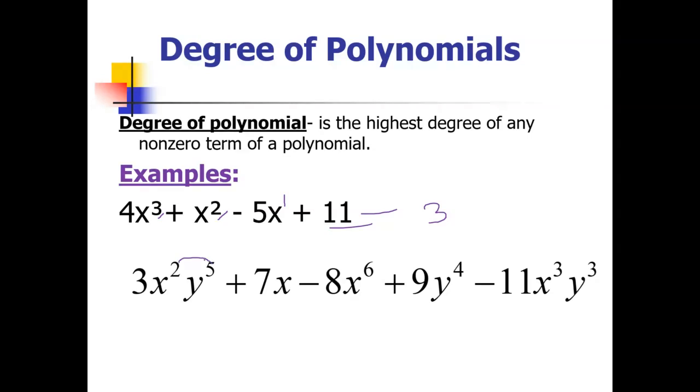In this case, because I have two exponents, this carries a weight of 7. Second term has exponent of 1. Third term has an exponent of 6. Fourth term has an exponent of 4. And the last term carries the weight of exponent of 6. So if I had to pick the highest number between 7, 1, 6, 4, and 6, definitely I will pick the 7. And therefore, 7 here is the degree of my polynomial.